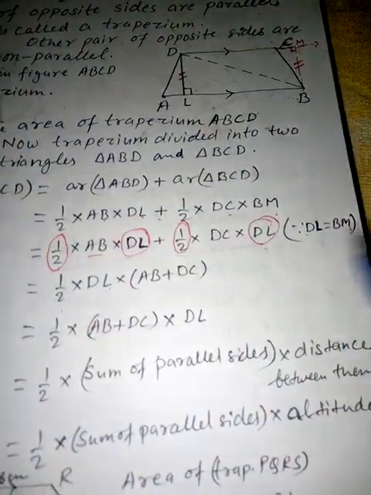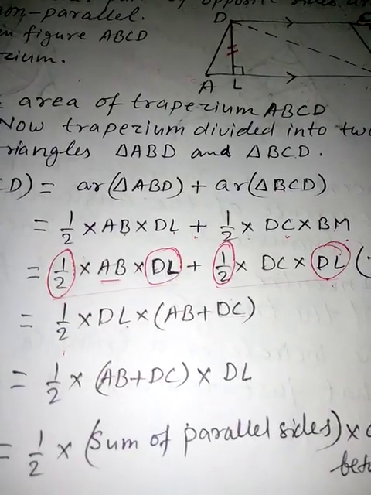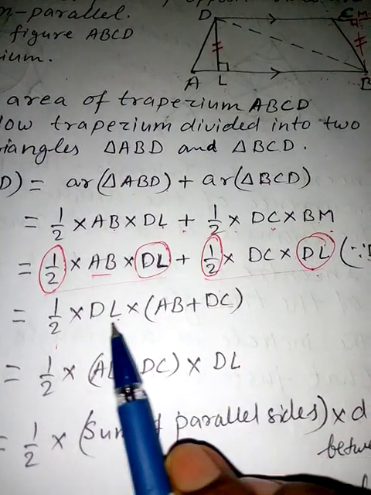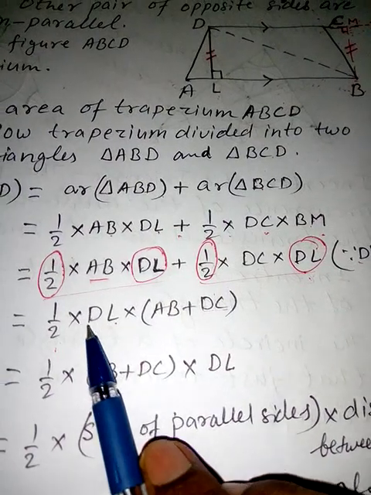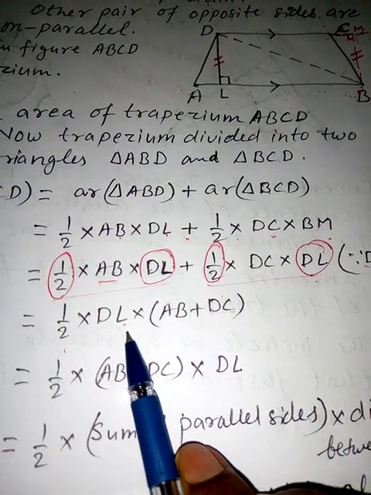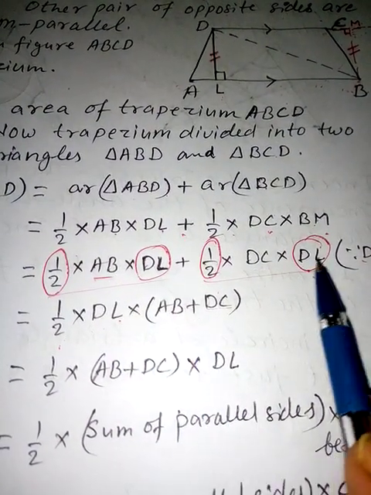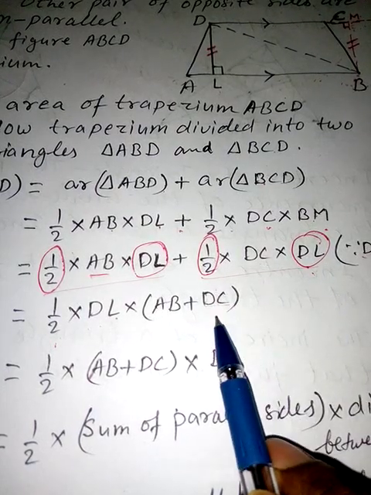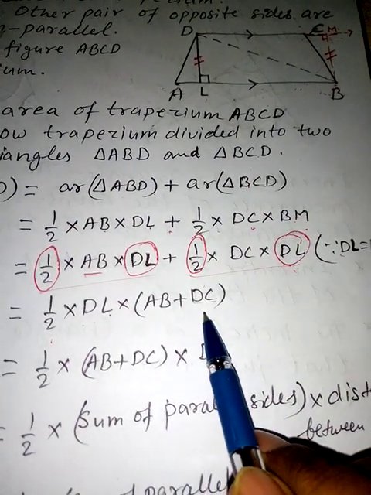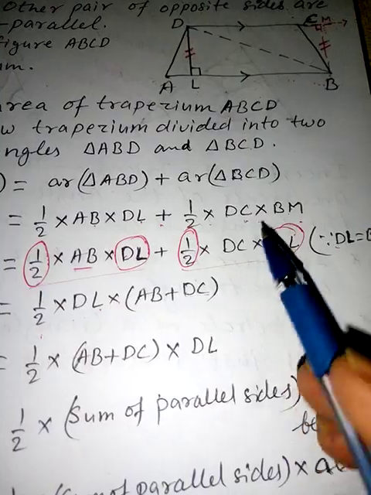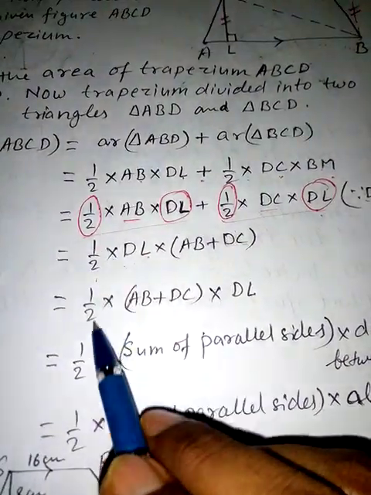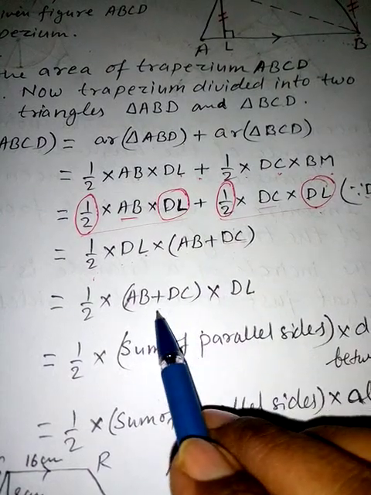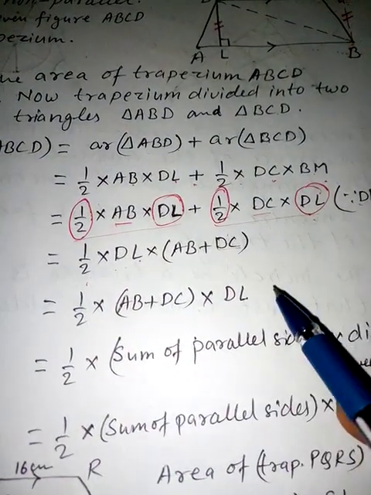It is just like the factorization process, taking the common thing out. So we can write it as 1 by 2 into AB plus DC, and then into DL.